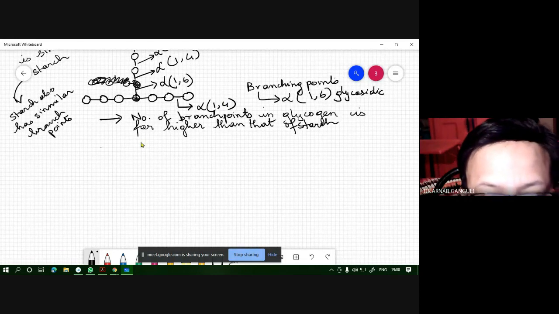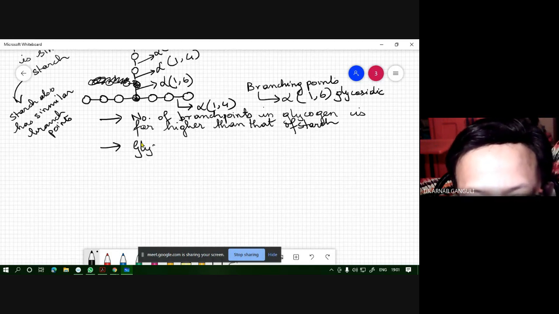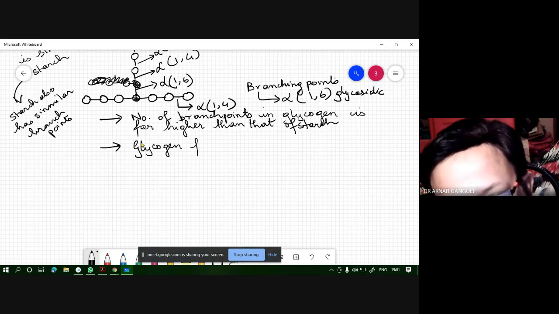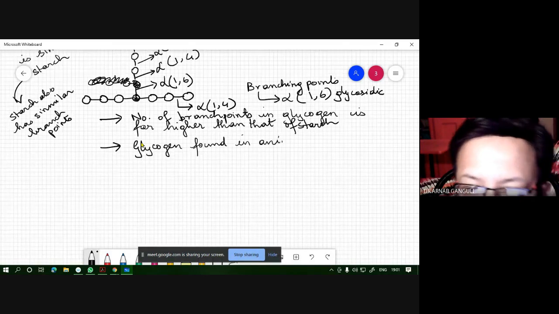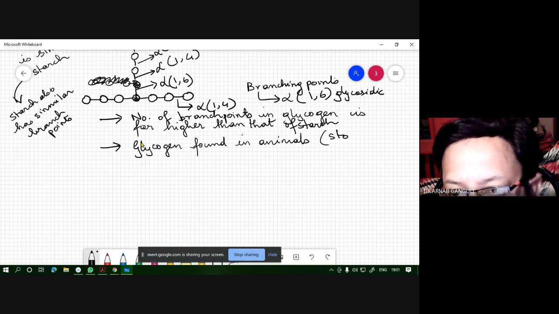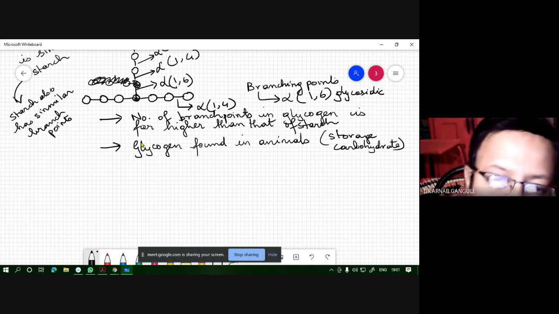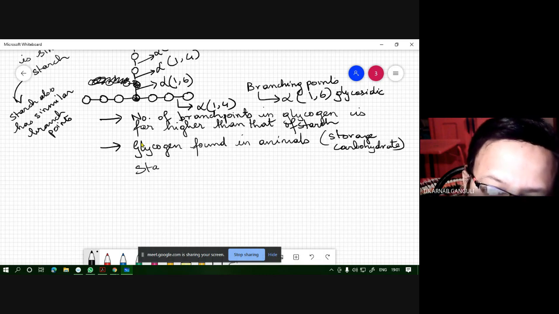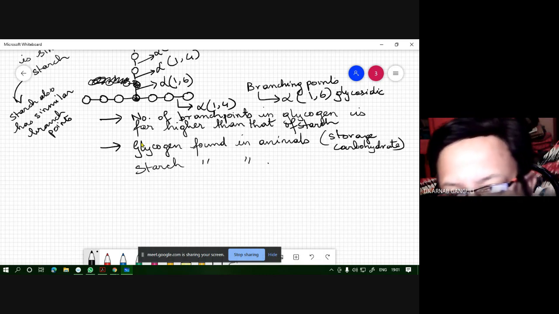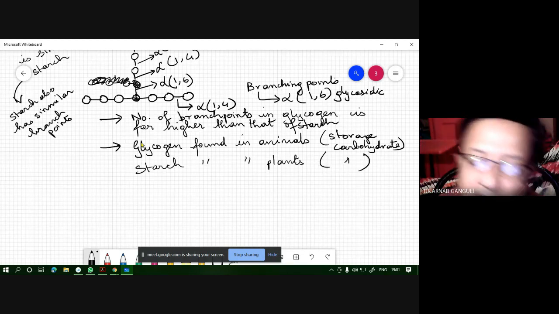And glycogen is found in animals, starch in plants. Glycogen is the storage carbohydrate in animals, and starch is found in plants, also as storage.